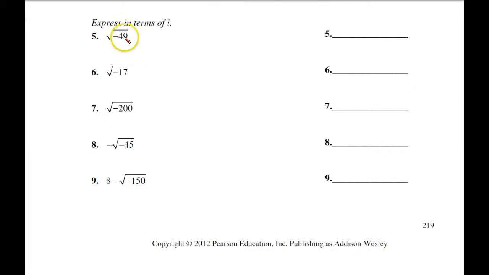Now, for all of these, we're going to convert them from this form by taking out an i, which is the square root of -1, and just put this there. See how easy that is?